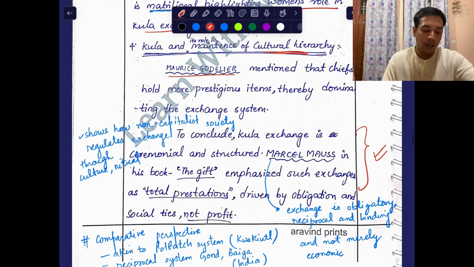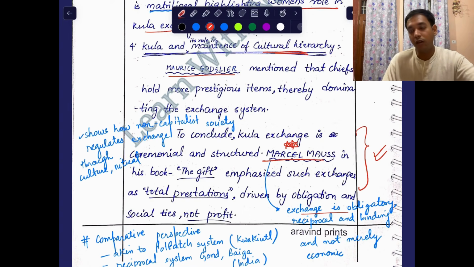So then you can write a conclusion basically है ना. कंक्लूजन लिख देंगे कि how Kula exchange is ceremonial, and Marcel Mauss is an important scholar that you can read, और he showed that the Kula exchange is obligatory, reciprocal and binding and not merely economic. So it is obligatory, people had obligation to perform it.